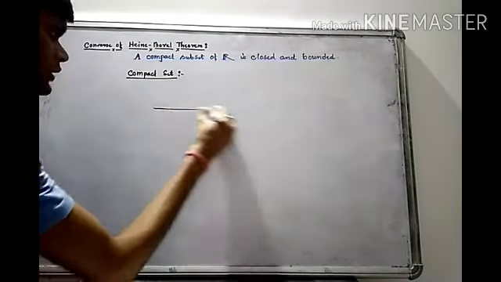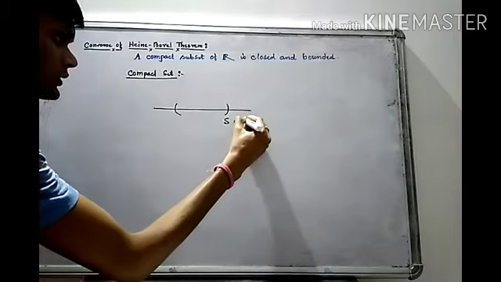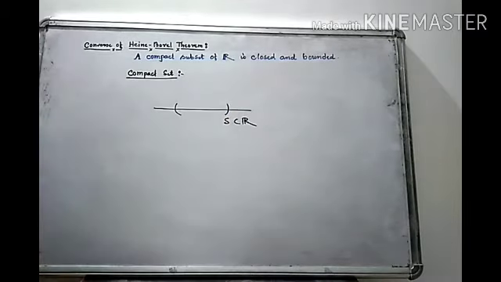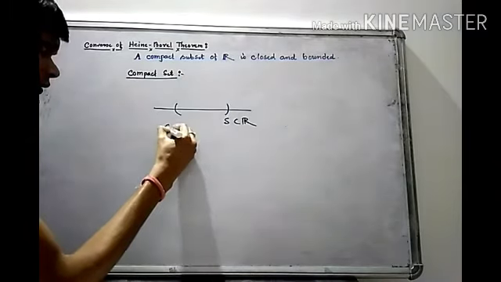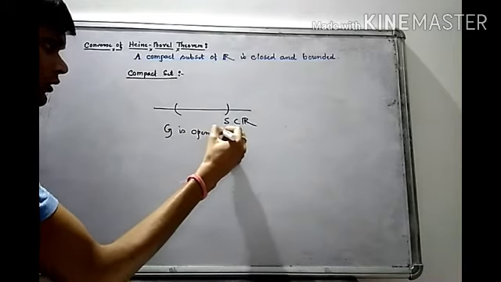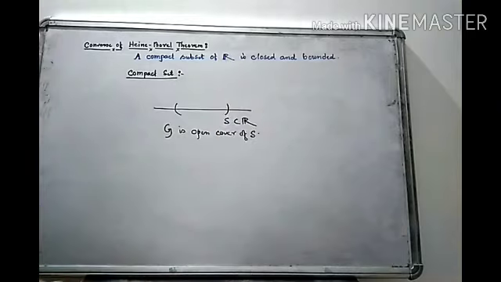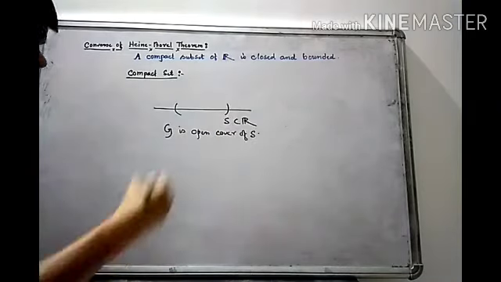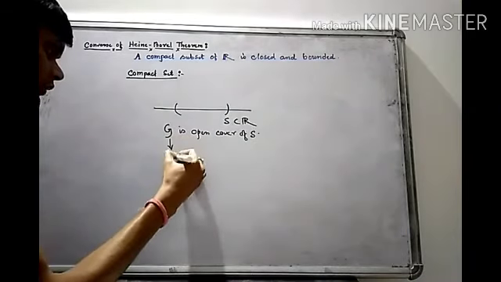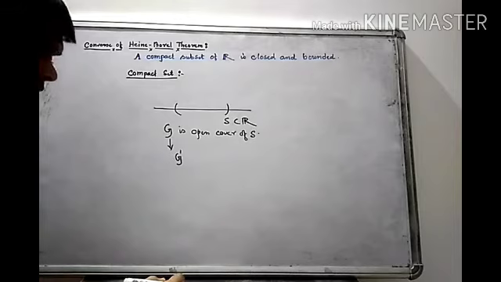Look, suppose this is your S, which is a subset of R, and script G is an open cover of S. Now take a finite subcover from G, suppose it is your G prime.